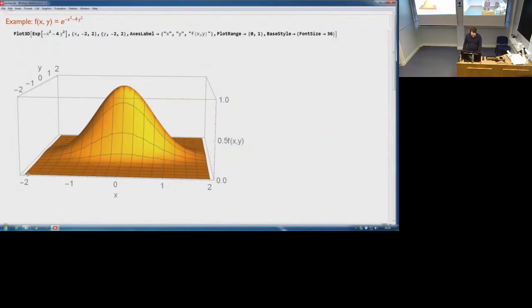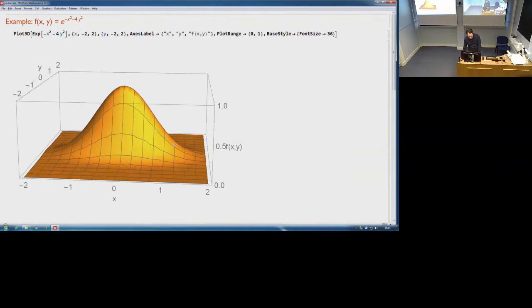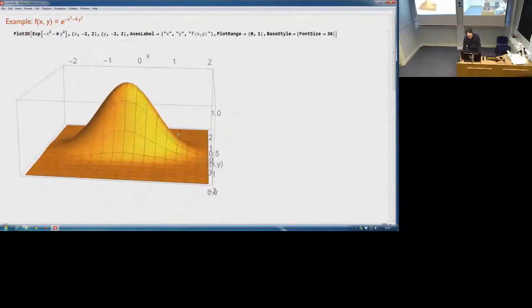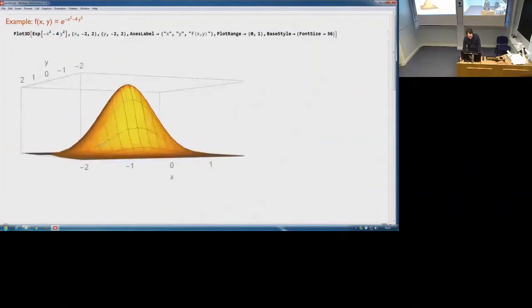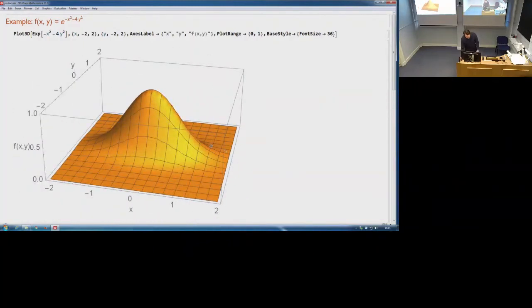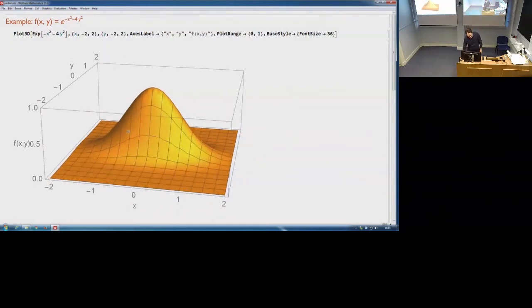So here I have plotted some function of two variables, x and y. We can just sort of rotate this around to look at it from different angles. So it's some sort of mountain or hill. And the main point I want to make here is that imagine that you're standing somewhere along the side of this hill.